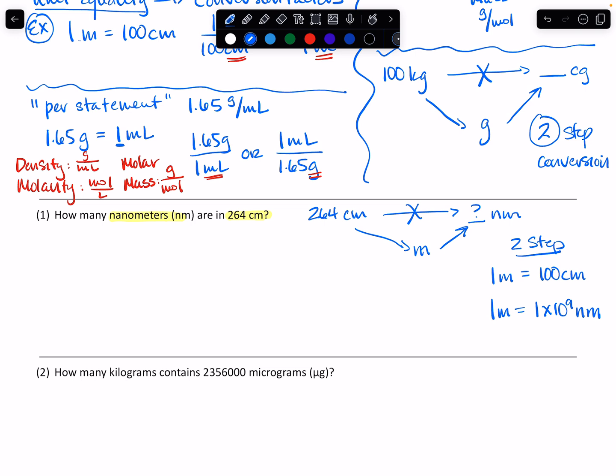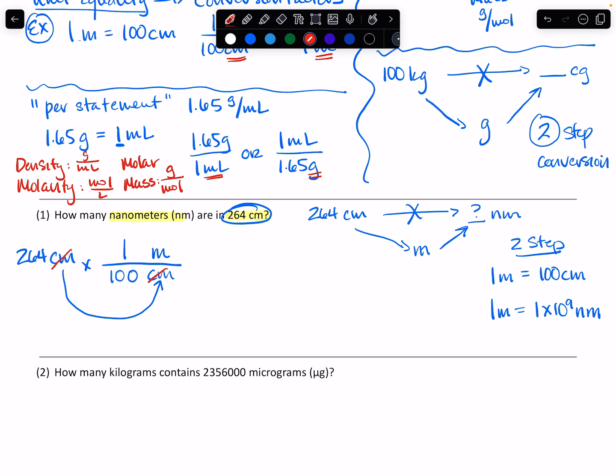Now I set it up by starting with what has a number and a unit. So 264 centimeters. My first conversion factor is going to go here. This unit should be in the bottom of that conversion factor so I can cancel it. According to my plan, I'm going to the meter, and my unit equality tells me 1 meter per 100 centimeters. So I check.